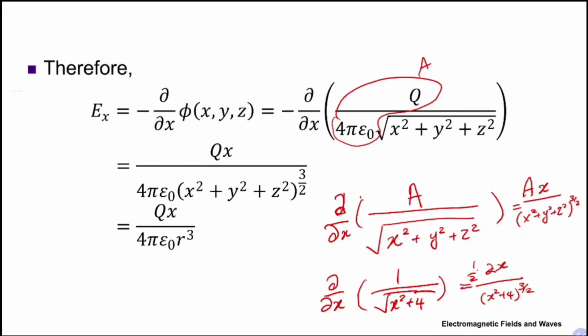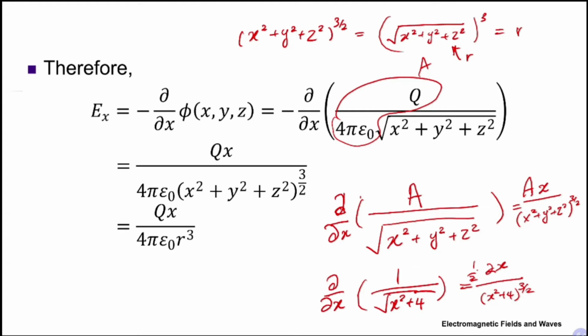So I end up with this. x squared plus y squared plus z squared to the 3 over 2 is equal to the square root of x squared plus y squared plus z squared, cubed. Same thing. Correct? Agree, everyone? This is R, so this is R cubed.